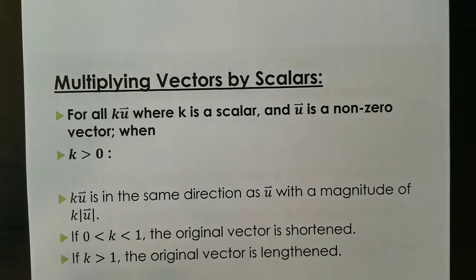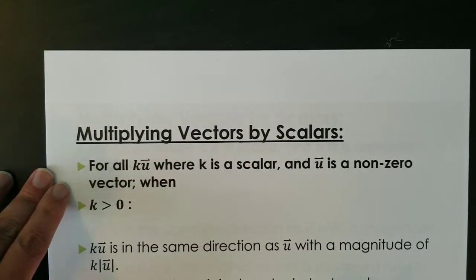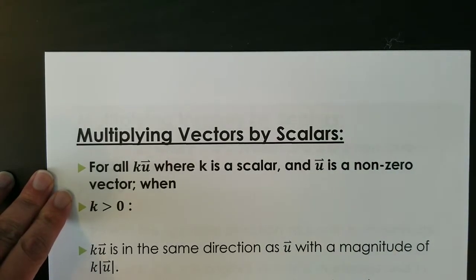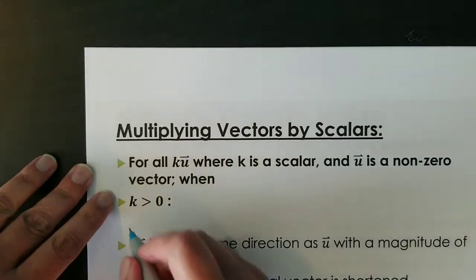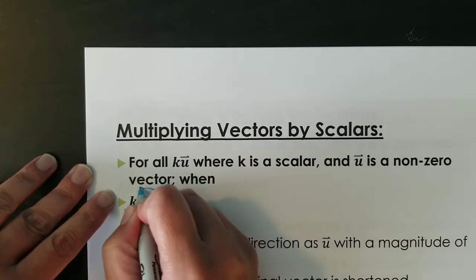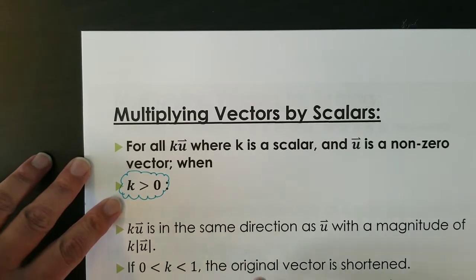So in general, we're going to summarize what happens when we are multiplying vectors by these scalars. The first case is if the k value, or if our scalar, is positive. If the k is positive, it doesn't change direction.